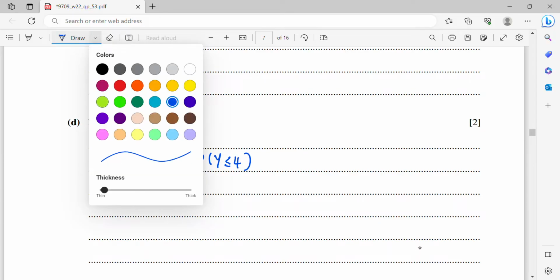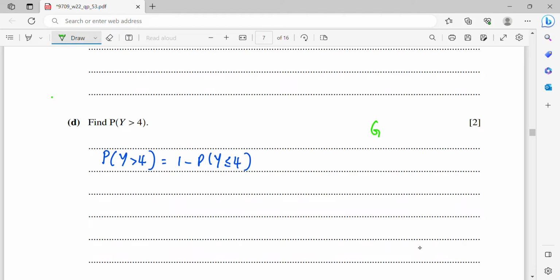Now for geometric distribution, when P(X≤x) it will be 1 minus q to the power x, where q is the probability of failure. So that's why I changed to this form. I changed to Y≤4, so it will be the same, then I can apply the formula. So this is the first way to do it.